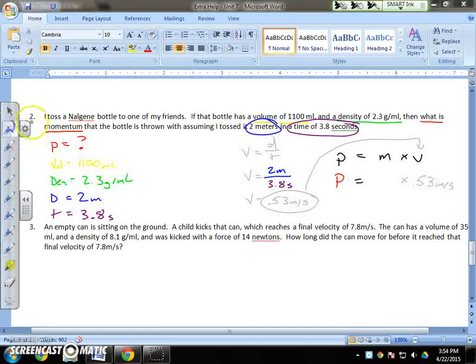So we've got another equation that we could use to solve for mass. We've used our displacement and time, but velocity and density, or volume and density, will help us solve for mass, because we know that density equals mass divided by volume.